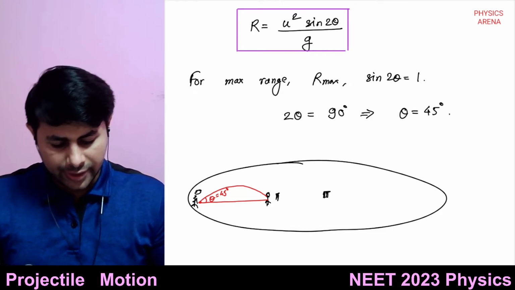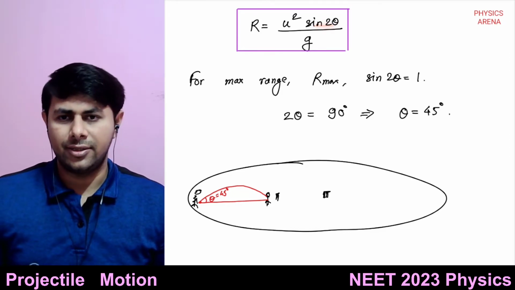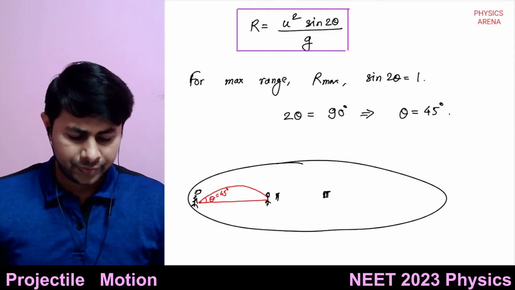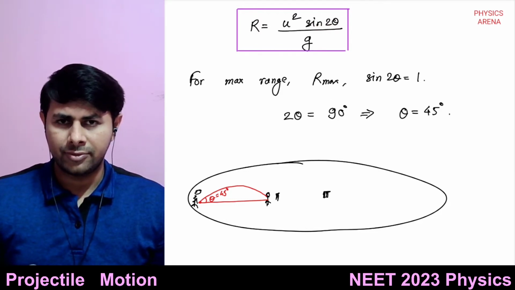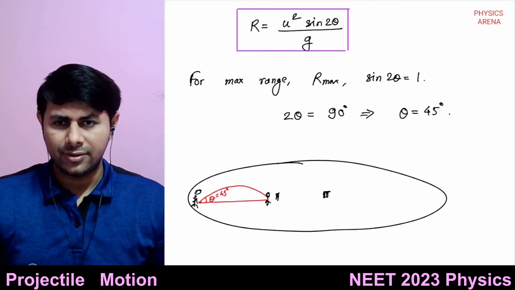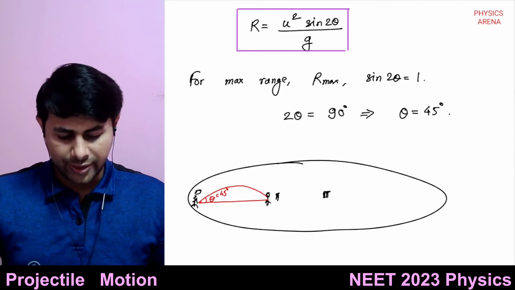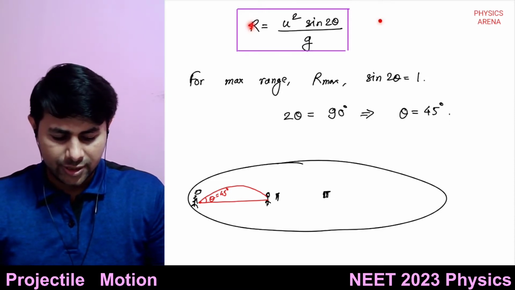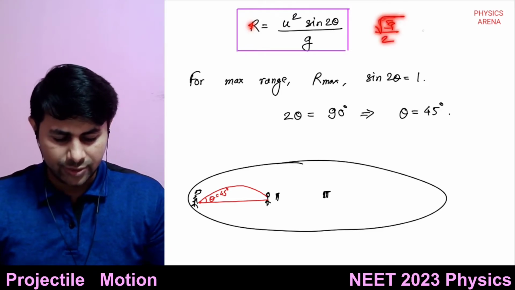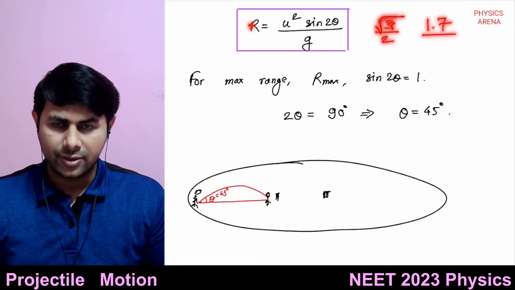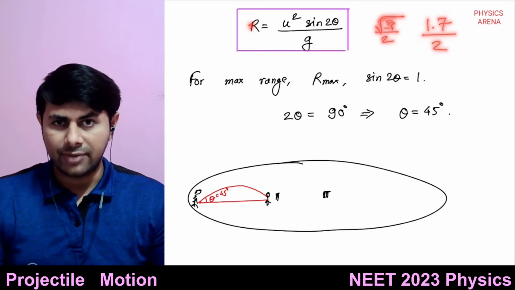Now let's suppose you throw it at 30 degrees. So what will be sine of 2 theta? It will be sine of 60, which is root 3 by 2. But R is fixed. Root 3 by 2 is about 1.73 divided by 2, so it is less than 1.